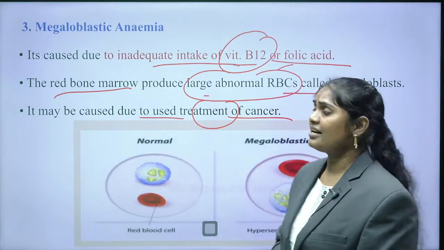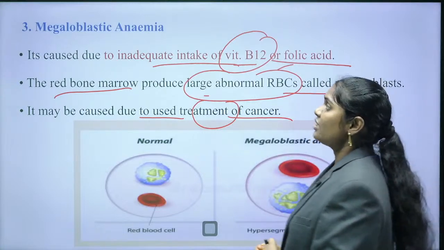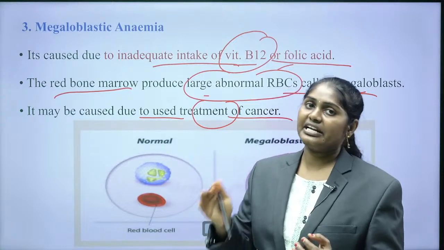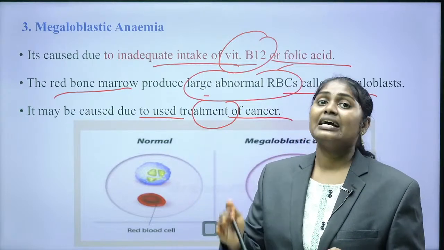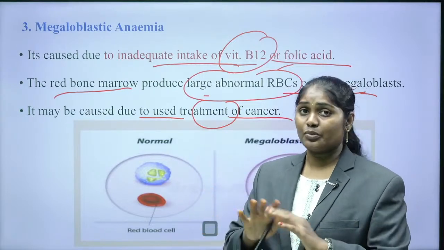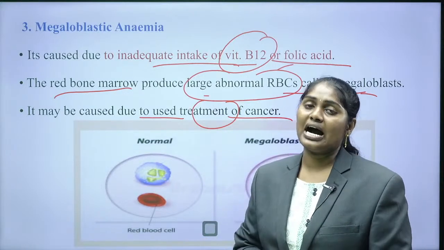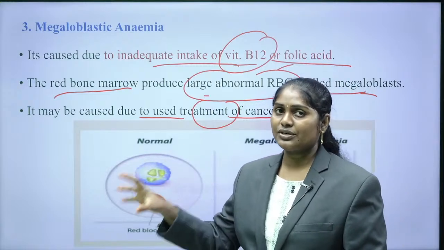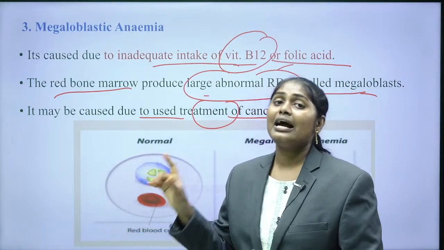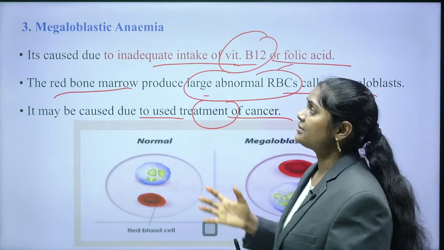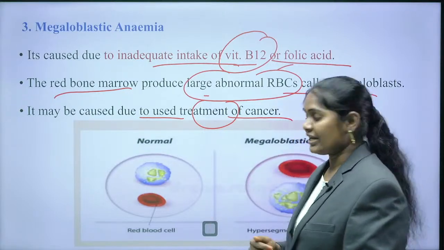In simple terms, megaloblastic anemia is nothing but a deficiency of vitamin B12, where the size of the RBC is very big because the bone marrow is producing very big RBCs. That type of condition is called megaloblastic anemia. It is also a side effect of cancer treatment. So this is about megaloblastic anemia.